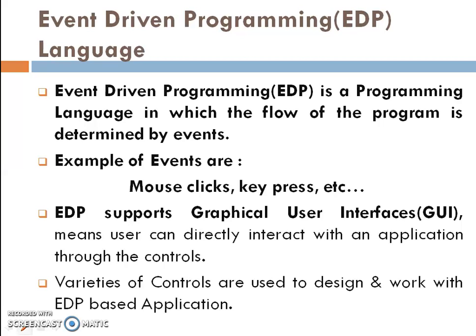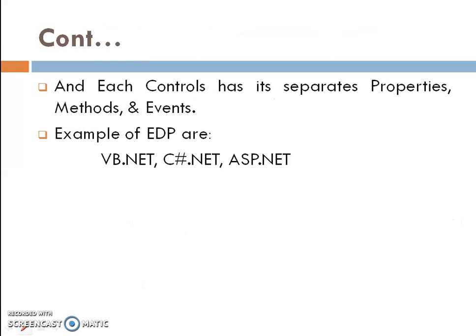It means user can directly interact with an application through the controls. Variety of control are used to design and work with EDP-based application. And each control has its separate property, method and event.